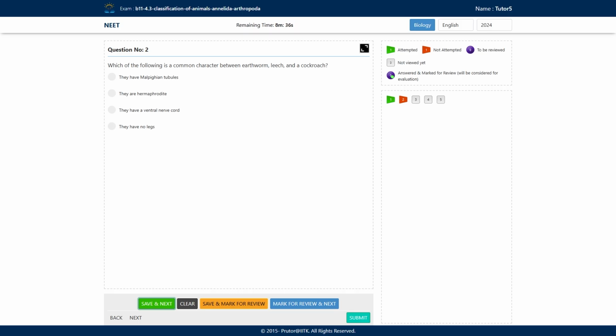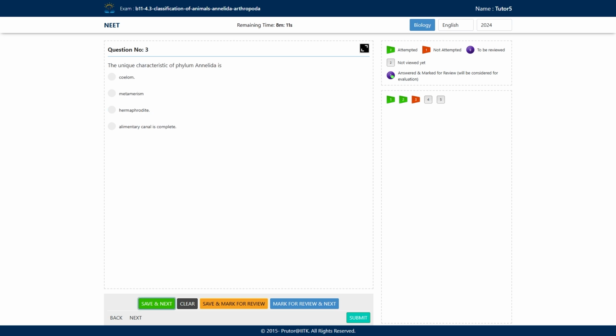Cockroach is not a hermaphrodite. They have a ventral nerve cord. Yes, this is the correct one. We have studied that they have ganglia, then the nerve cord, and that nerve cord is present ventrally. So they have a ventral nerve cord. Okay, so we'll save it.